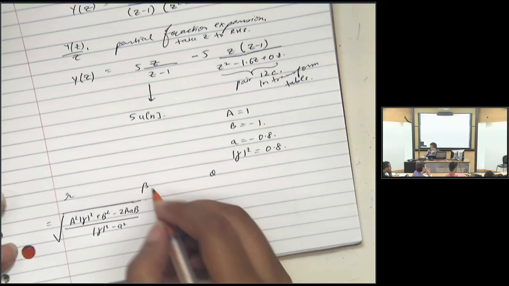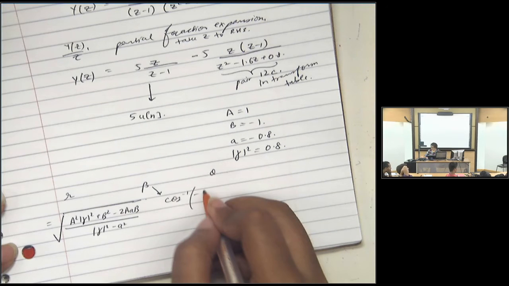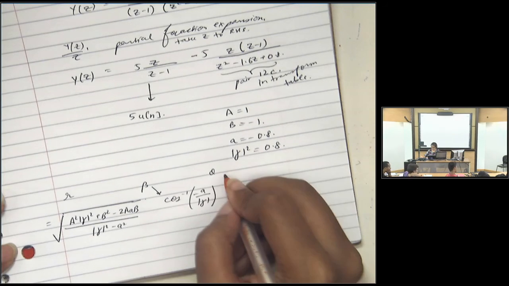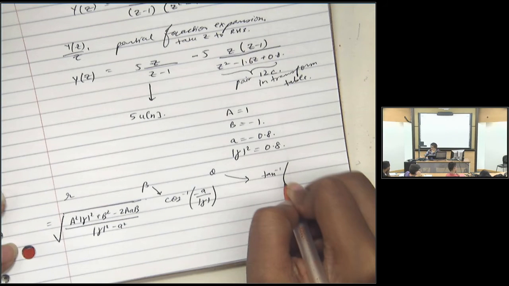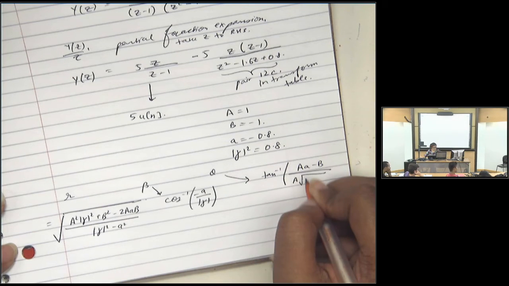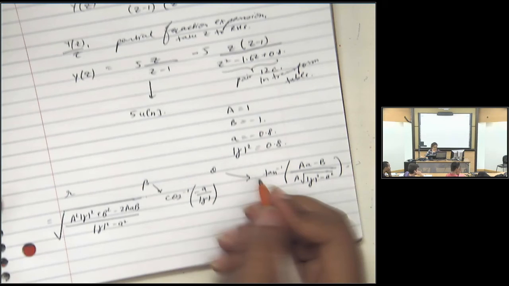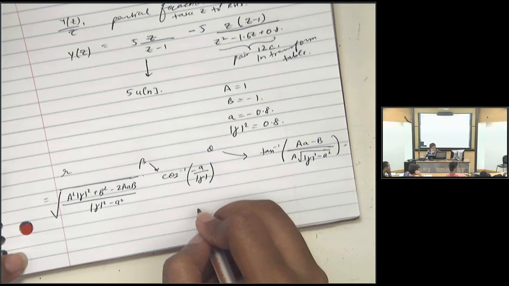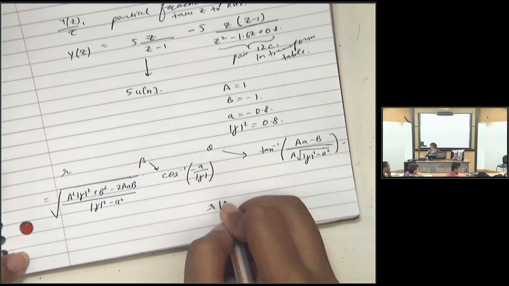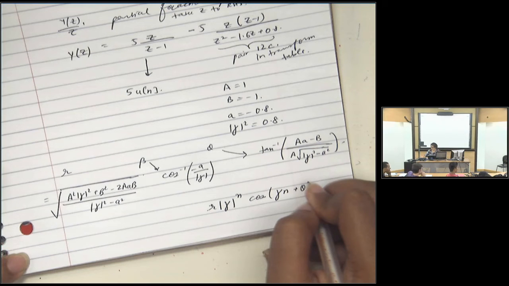Then you need to find beta, which is cos inverse of minus A over mod gamma. And then you find theta, which is tan inverse of A small a minus B over A square root of mod gamma squared minus A squared. Once you found this, then your answer is r multiplied with mod gamma raised to power n cos(beta n plus theta) u of n.